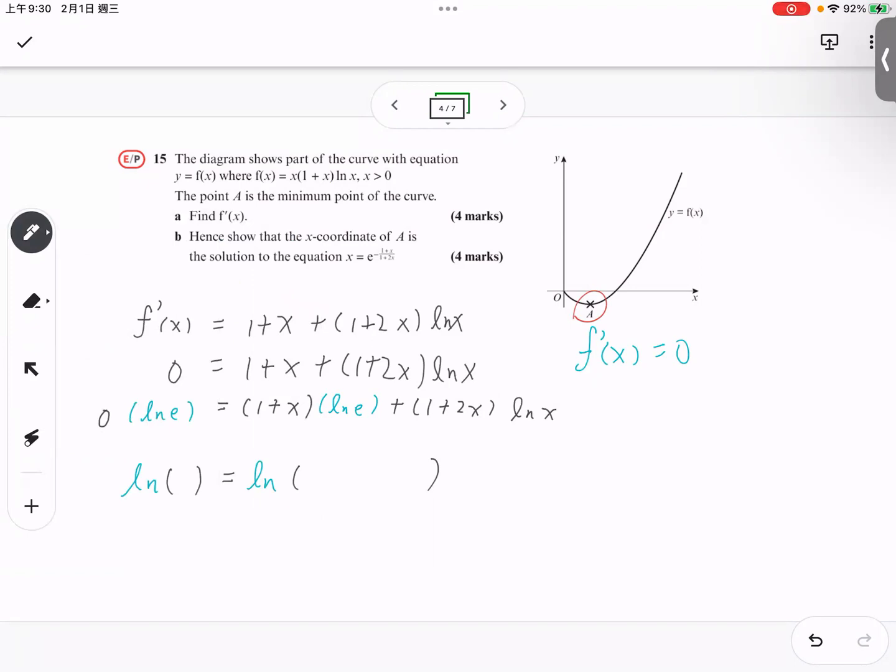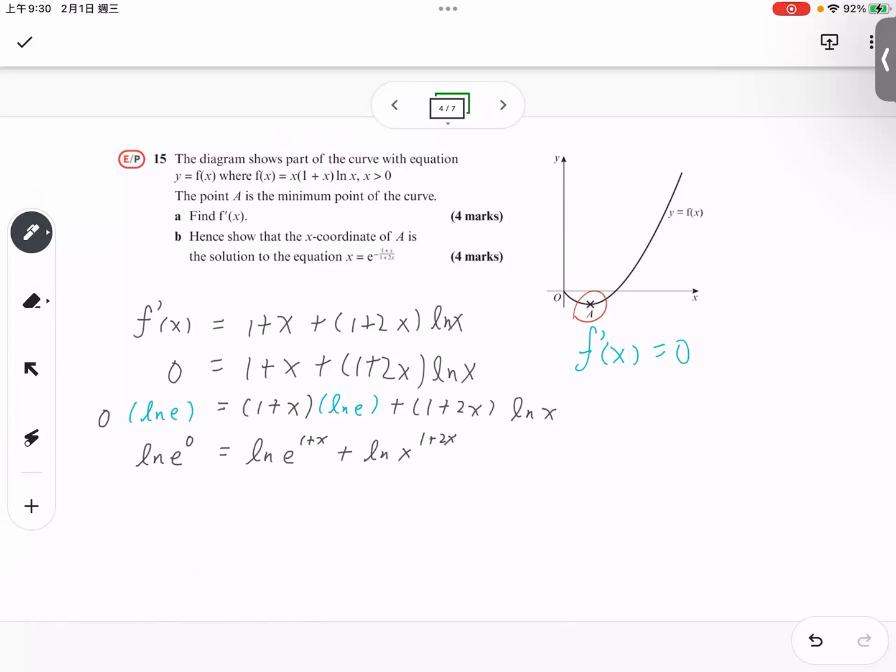Let me erase something because I do not have enough place to write. For the left-hand side, I can change it to log e with the power 0. For the right-hand side, I can make it log exponential 1 plus x plus natural log x with the power 1 plus 2x.